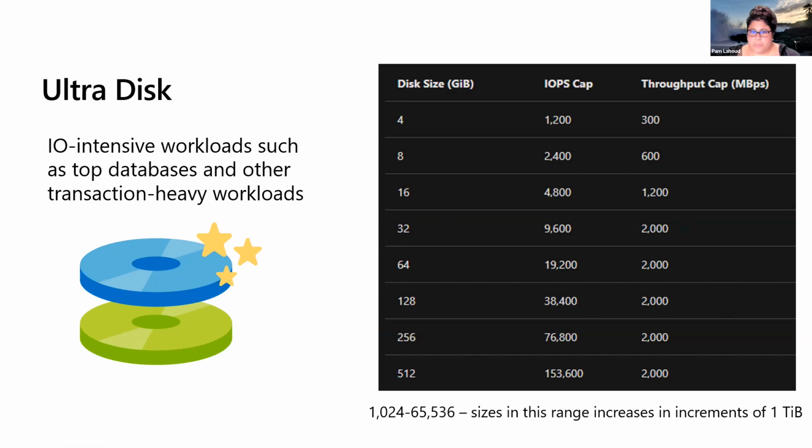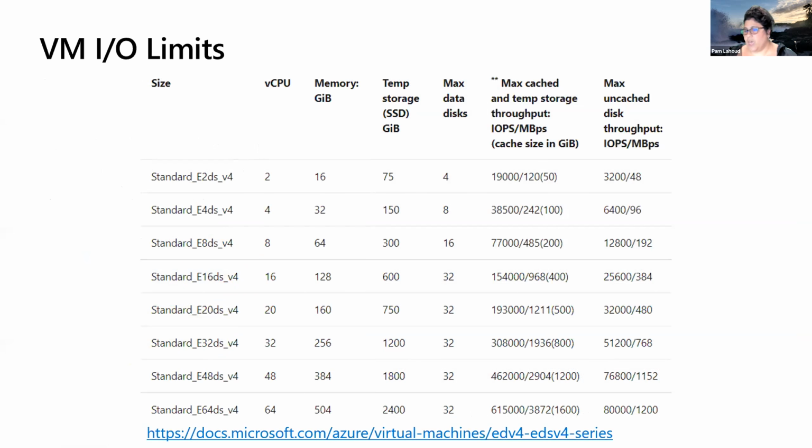So we're going to move on now from disk level provisioning to VM level provisioning. These are your limits at the disk level. There are also limits at the VM level. For the next couple of slides, I have a snapshot of the documentation for one of our VM series, our favorite VM series for SQL Server workloads, the EDS v4 series.